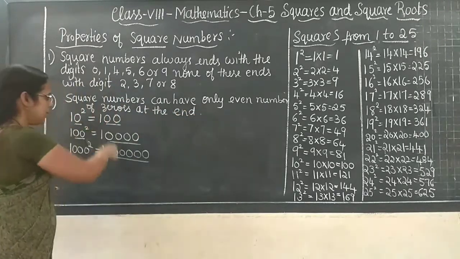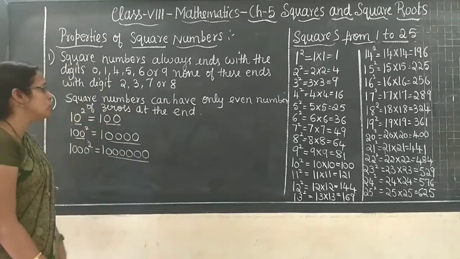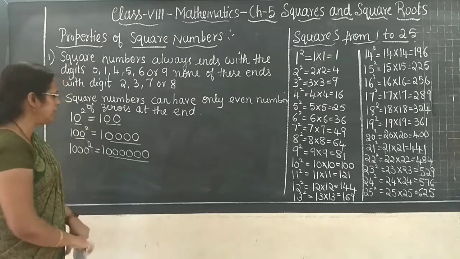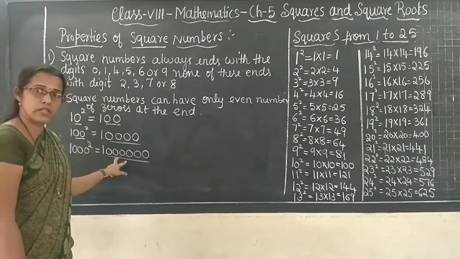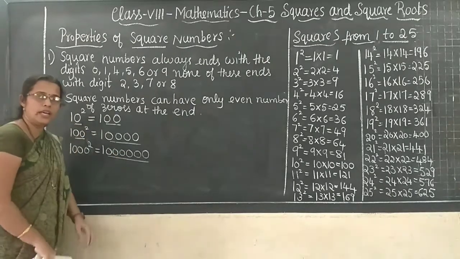Okay, so square numbers can have only an even number of zeros at the end. That means an even number means 2, 4, 6 zeros, and such a number is a perfect square number.